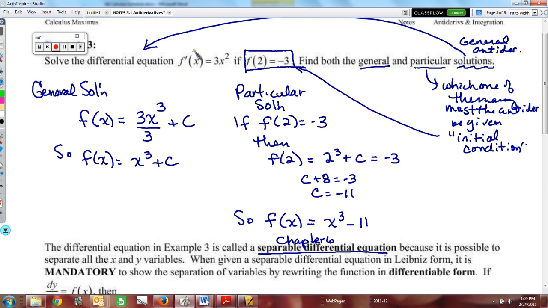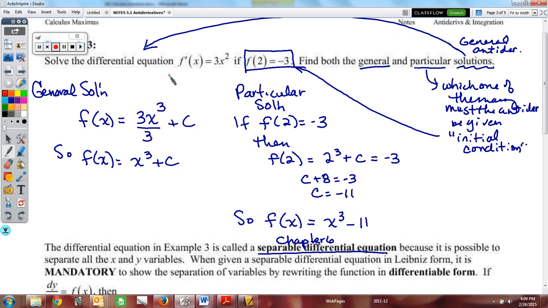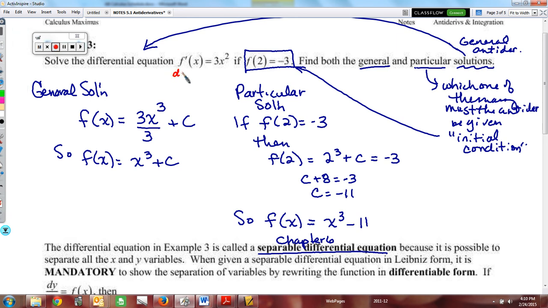When I'm looking at this, you kind of want to think of this in differential form. And again, this is a preview of coming attractions. If I had the derivative of y with respect to x equal to 3x squared, I can write this in its differential form, dy equals 3x squared dx.